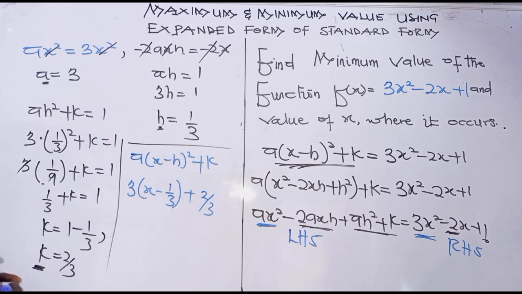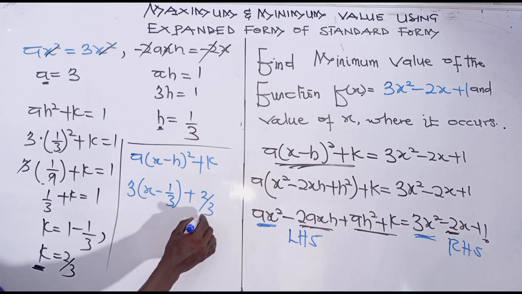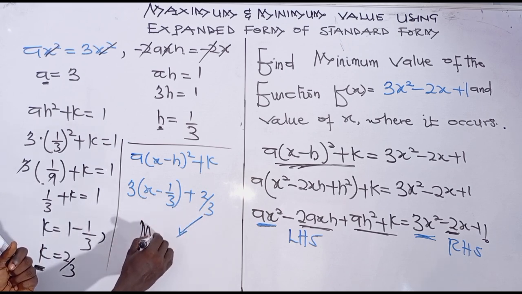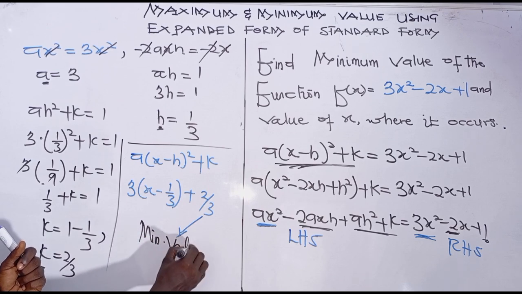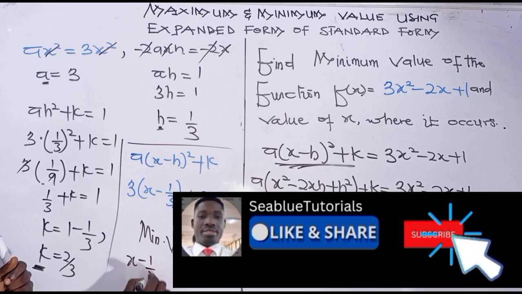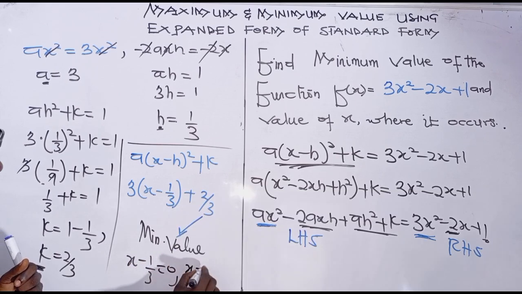So this is the standard form of the quadratic function. From here we can say that our minimum value is 2 over 3, and it occurs at x minus 1 over 3 equal to 0. So we have our x equal to 1 over 3.